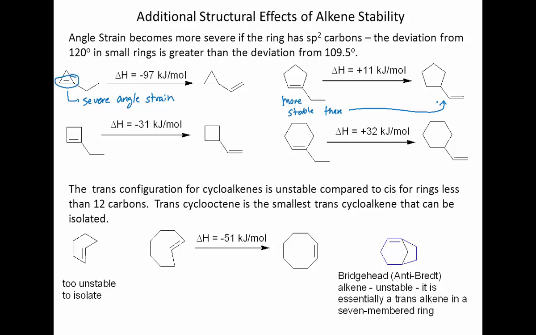If we look at cyclohexene, which we've written lots of times in this class, it's very obviously a cis alkene. If you can force it to be a trans alkene, we'll put the hydrogens here so it looks more trans-like, it's actually too unstable to isolate. It's never been made. It's a very high energy compound.